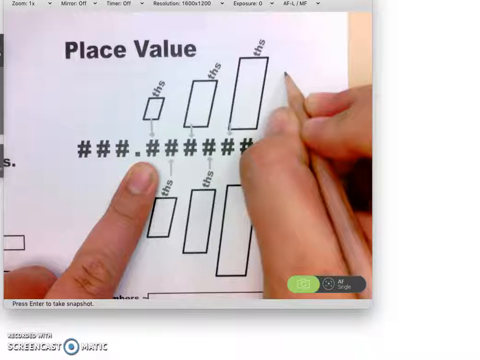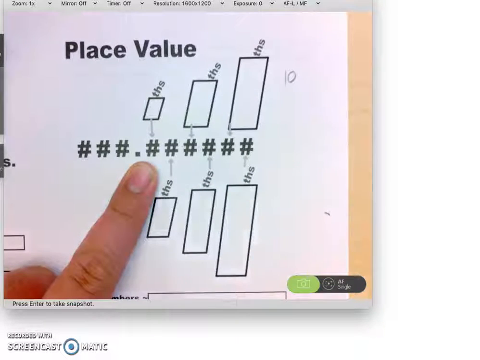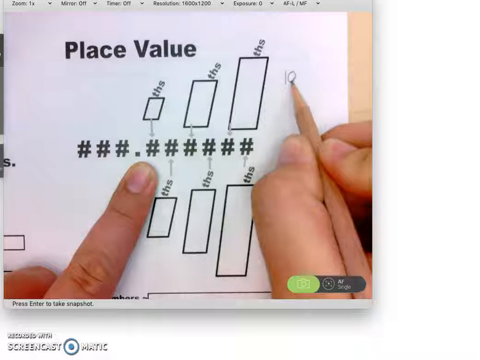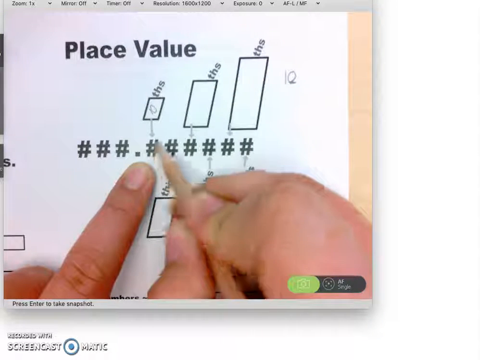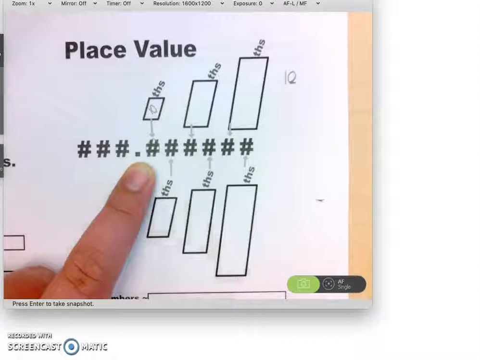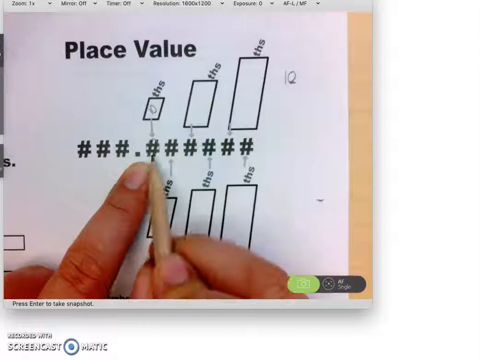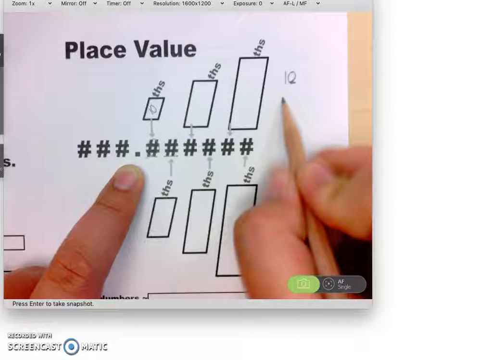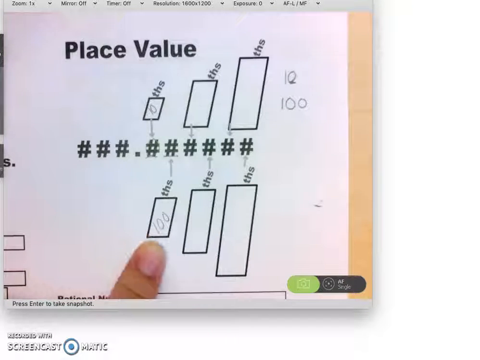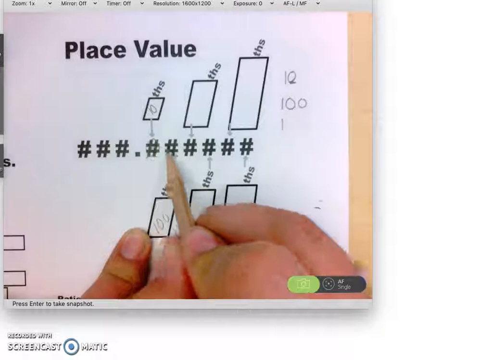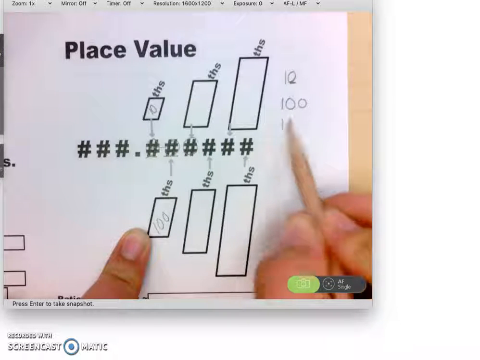Okay, so here, think about the number 10. 10 has 1 zero. So this is the tenths place. The first place is going to be your tenths place. Your next one, what number has 2 zeros in it? Okay, hundredths place. What number has 1, 2, 3 zeros in it?